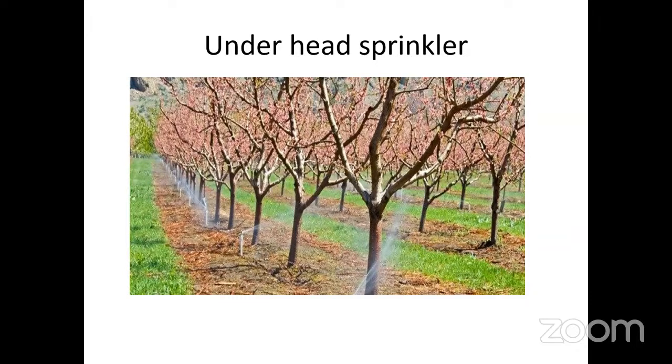It depends on the pressure and the planting distance, of course, and also on the tree growth, whether it is still young or a big one. But in that one we see in the slides, you can see that the water is also touching the trunk.